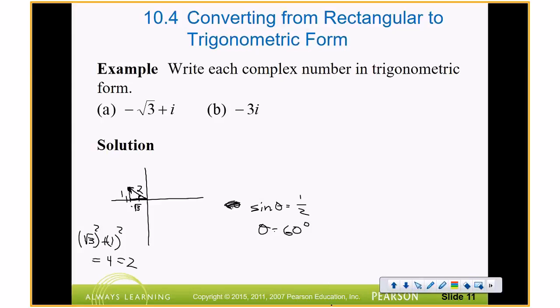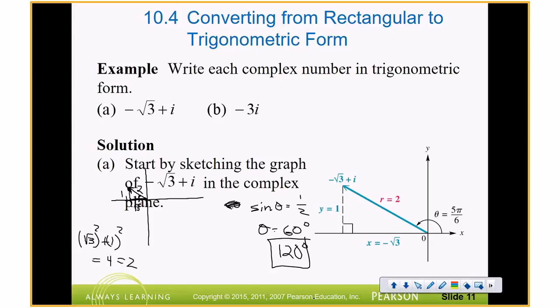Of course, that's 60 degrees. And what is 60 degrees over here? What's 180 minus 60? 120. So you've got a magnitude of 2 and an angle of 120 degrees. And of course they're doing it in radians, so what's 5 pi over 6?